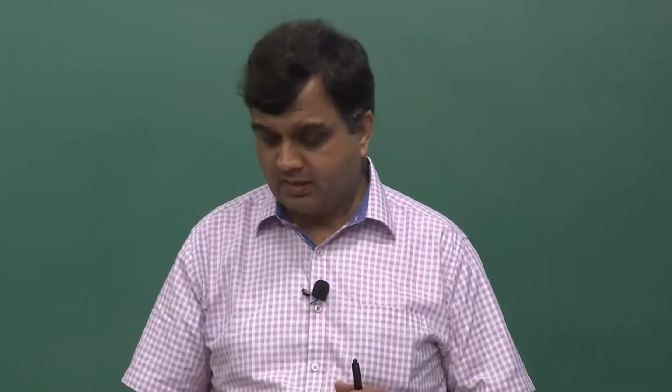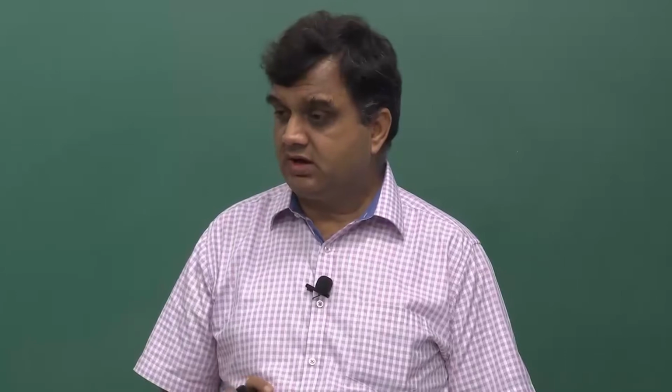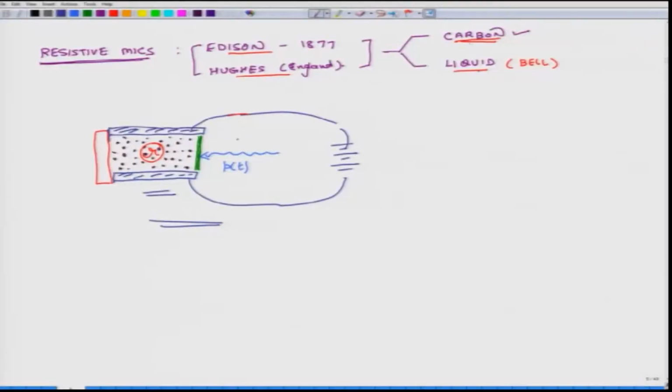The microphone worked on this resistive principle. The other place where these microphones were used was in radio stations, where they would have these microphones in front of the speaker. Now they have given way to other types of microphones. So, this is about the carbon microphone.